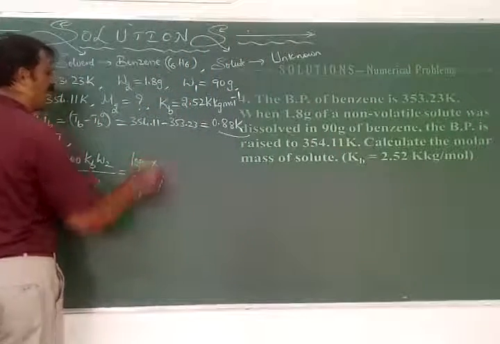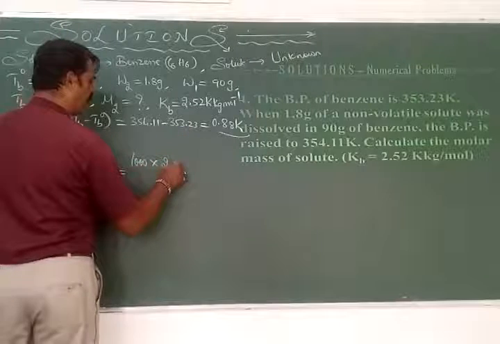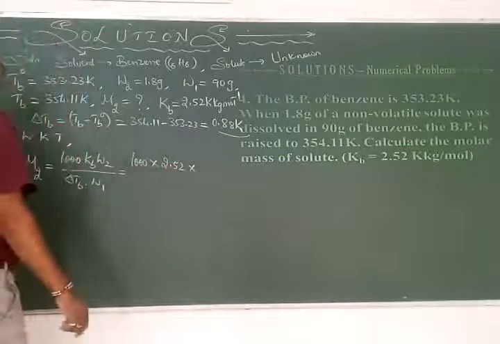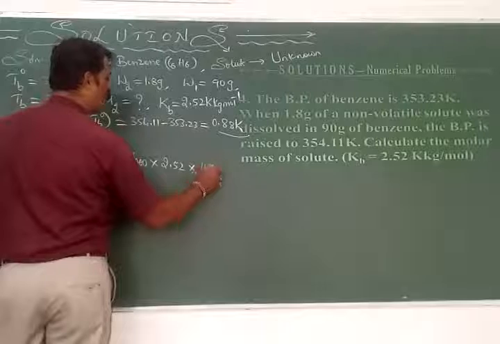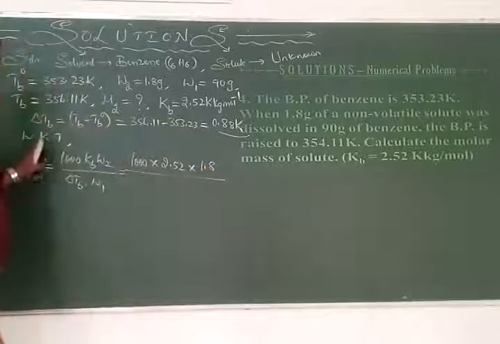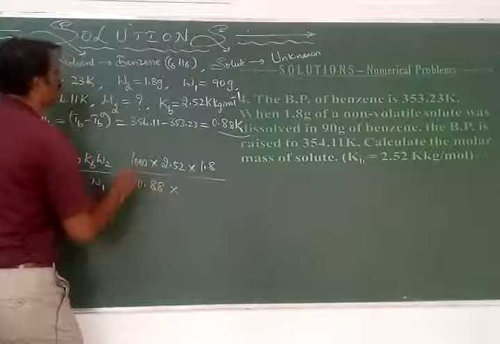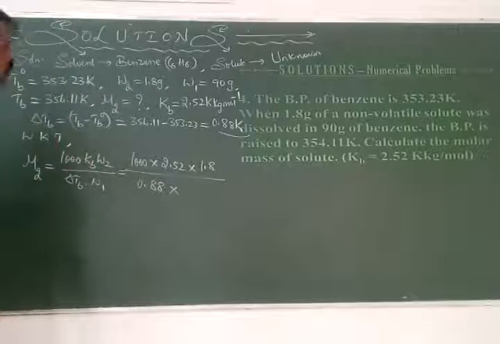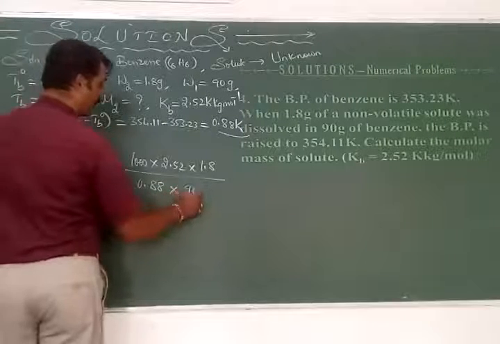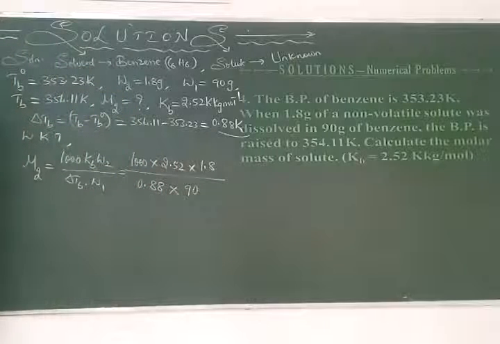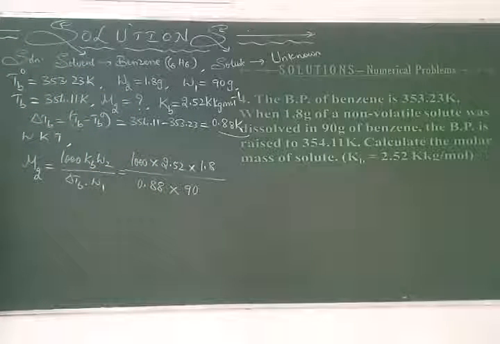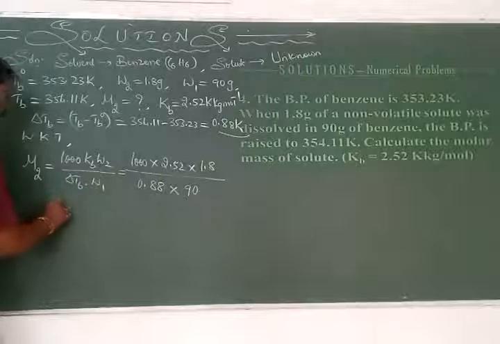1000 into the Kb value, 2.52, into W2, the mass of the solute, 1.8, divided by delta Tb, 0.88, into W1, the mass of the solvent, 90. If I simplify with the help of a calculator, I get 74.4.